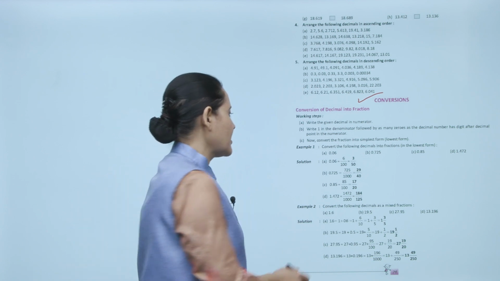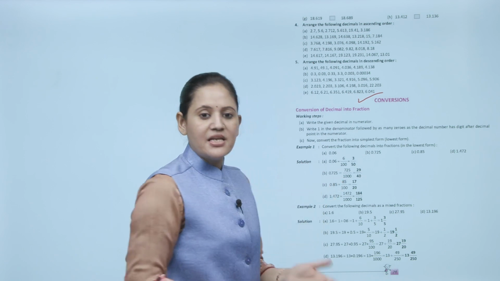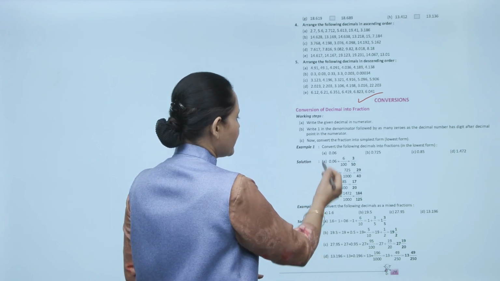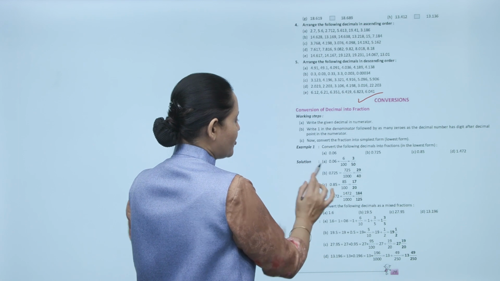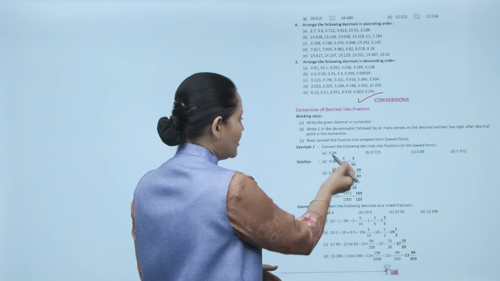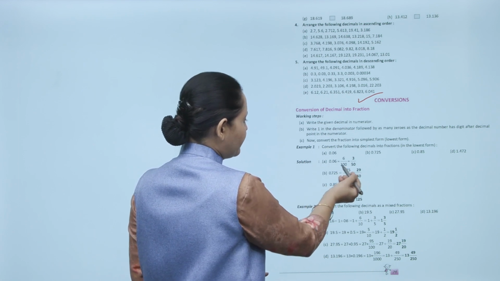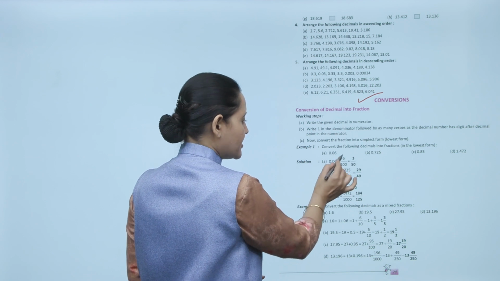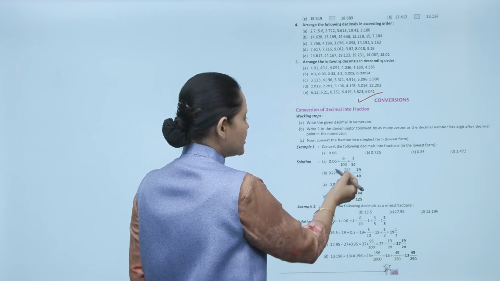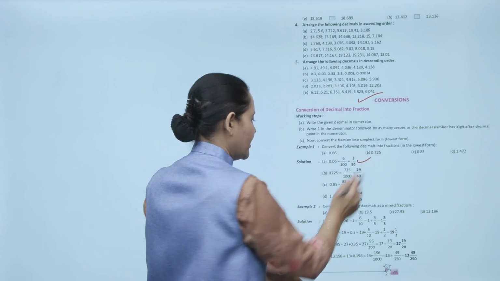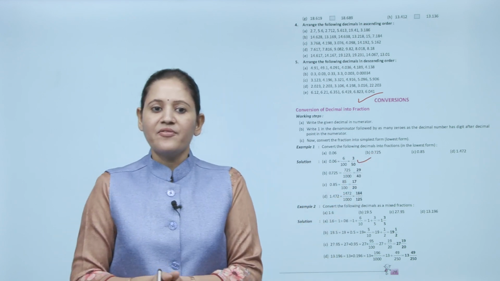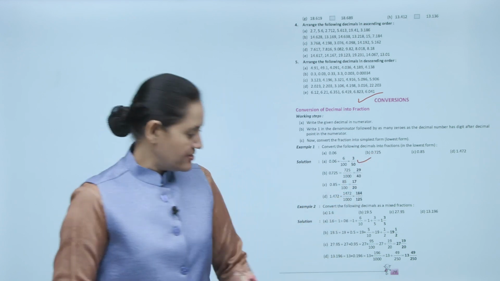Example, convert the following decimal into fraction in the lowest form. First is 0.06. So first we will remove the decimal. After the decimal there are 2 digits, so we will place 2 zeros after 1 in the denominator. 6 upon 100. Lowest term में change करेंगे, 3 upon 50. So this way we will convert a decimal into fraction.